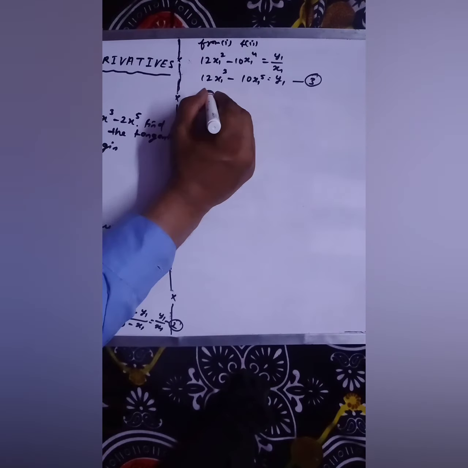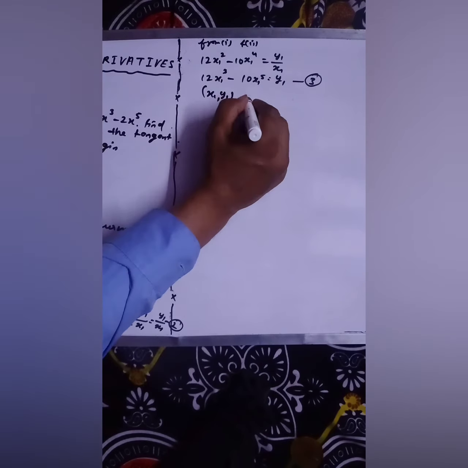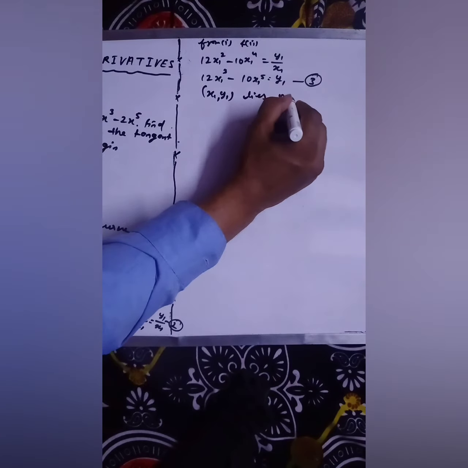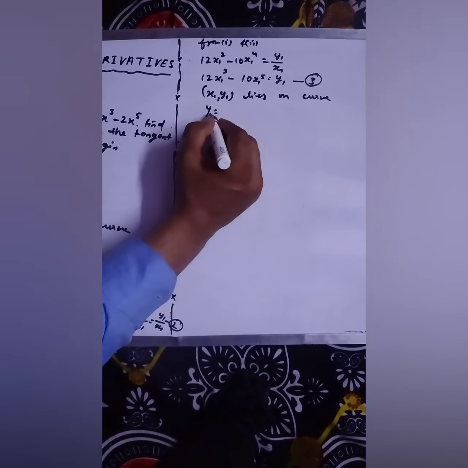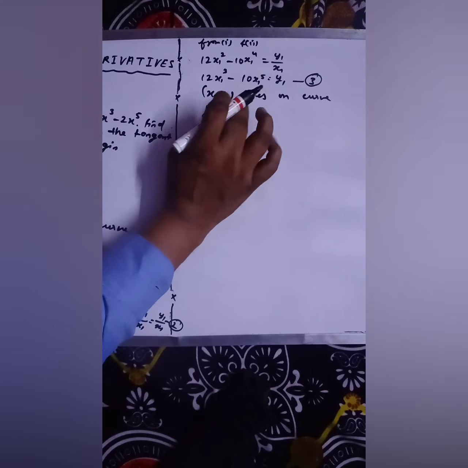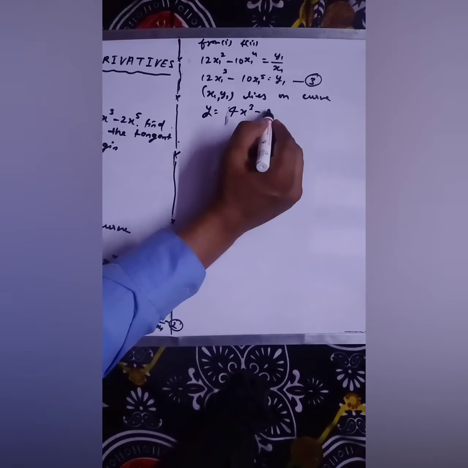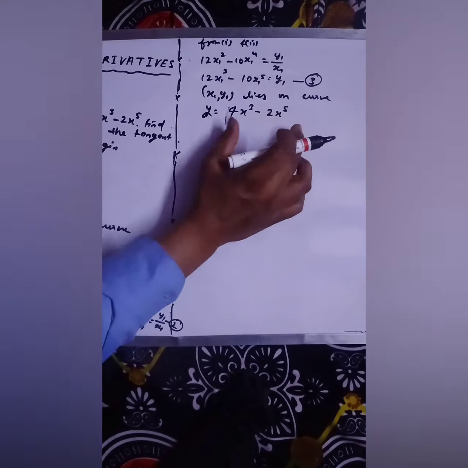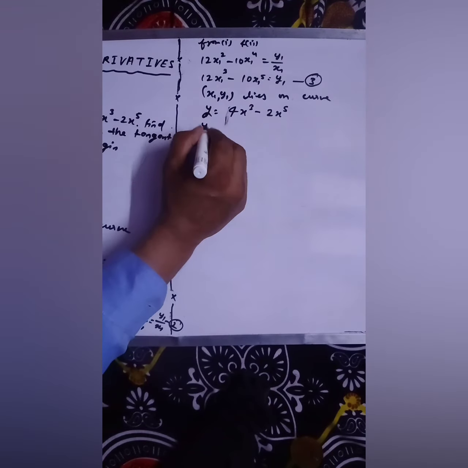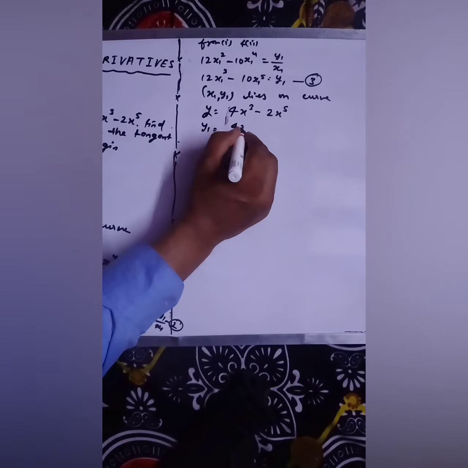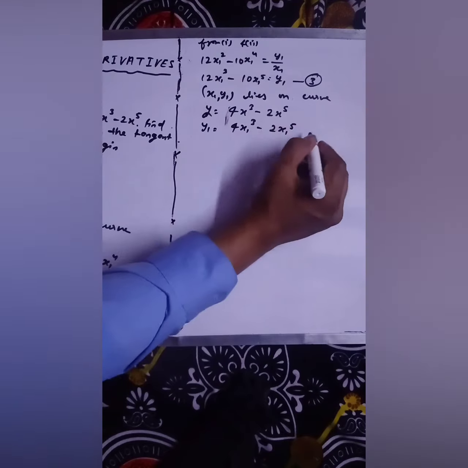Now the point x1 and y1 lie on the curve. So the equation of the curve is this one. This is the equation of the curve which is given to us, and we will put this value here. This would be y1 equals 4x1 cube minus 2x1 plus 5.